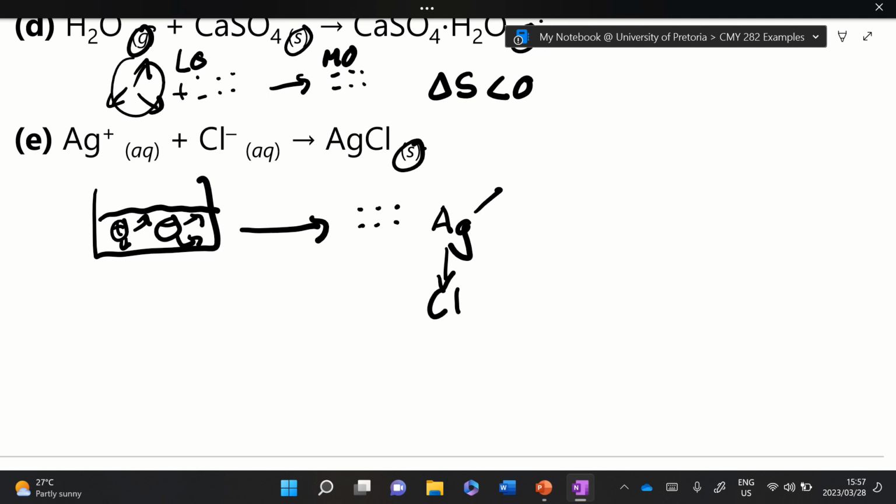Okay, it doesn't really matter how it looks, but anyway, the point is you'll get a more ordered structure. So in other words, we go from less ordered to more ordered, and again that's why we expect delta S, or the change in entropy, to be less than 0, because we're going from less ordered to more ordered. Right, so that's example 3.1.